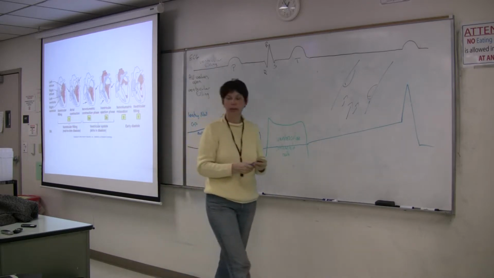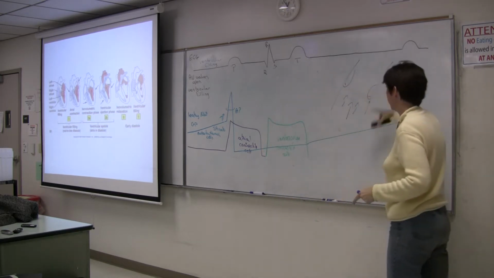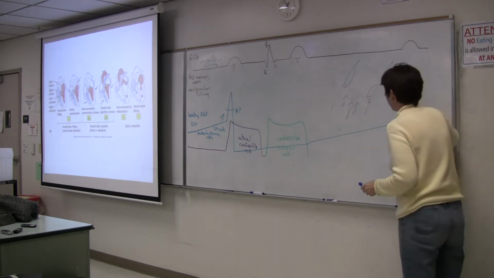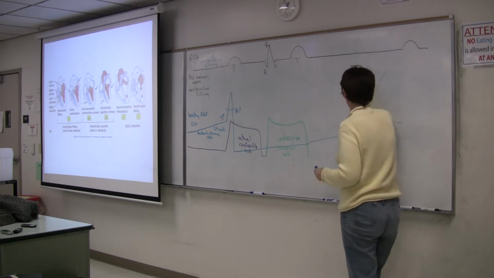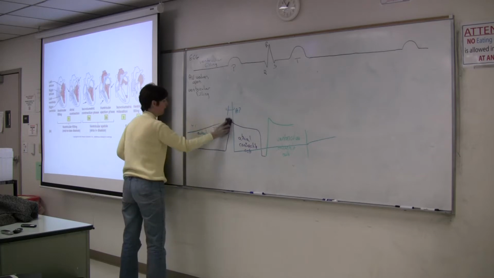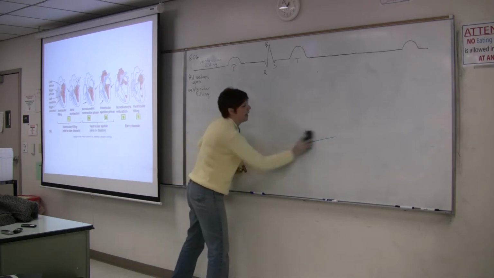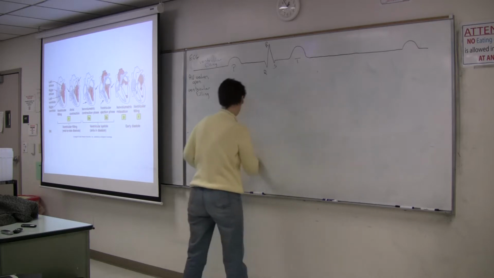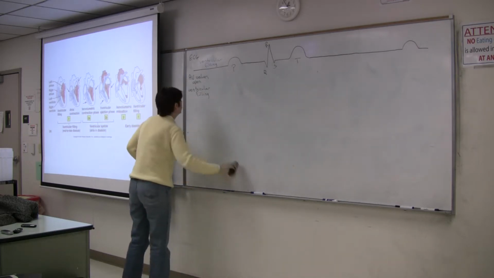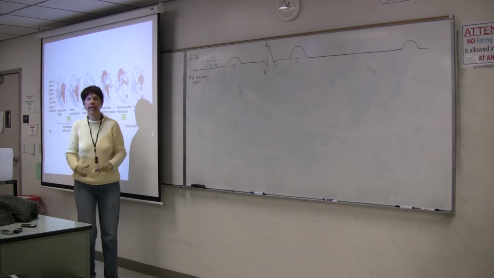What valves have to be open to allow the ventricles to fill? The AV valves, okay? So that is a required assumption: when the AV valves are open, we have ventricular filling, okay?